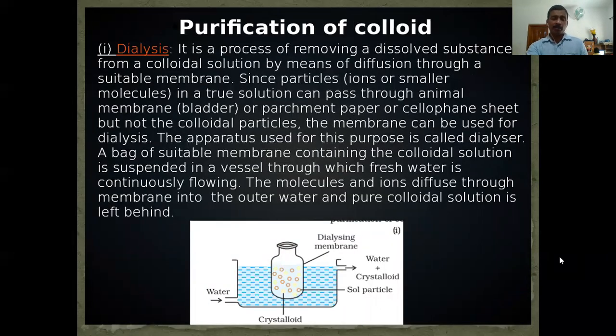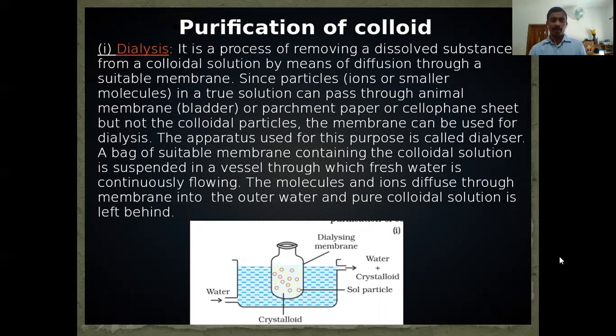Now, purification of colloids. The colloids prepared by these methods may contain a lot of impurities, especially electrolytes. In peptization, we are adding small quantities of electrolytes. And in the chemical method, you can see a lot of other compounds are present in it, electrolytes, if you examine the reactions.